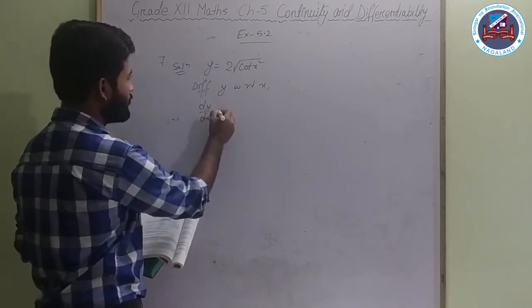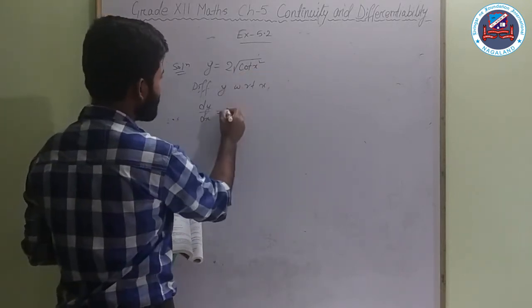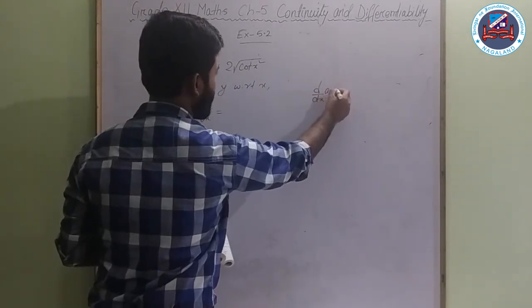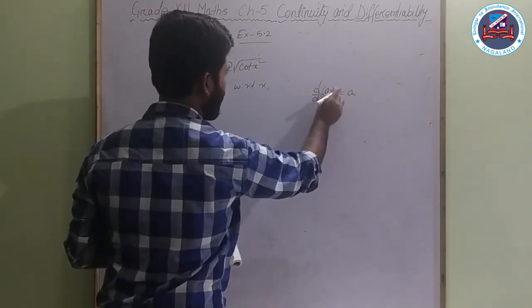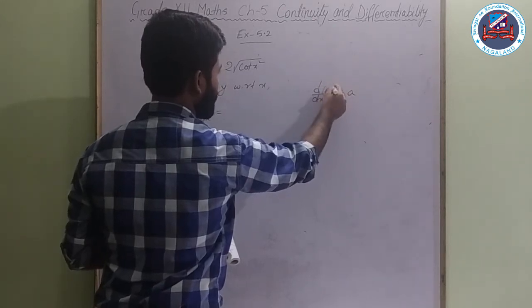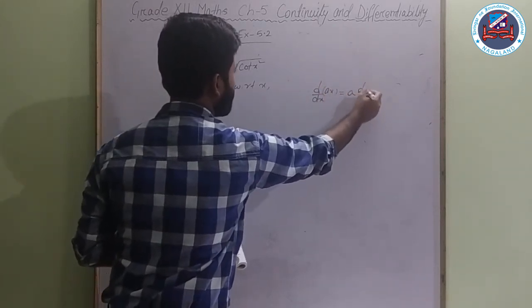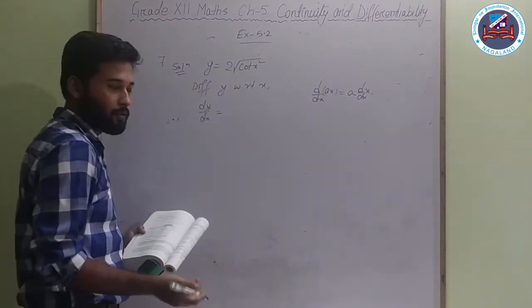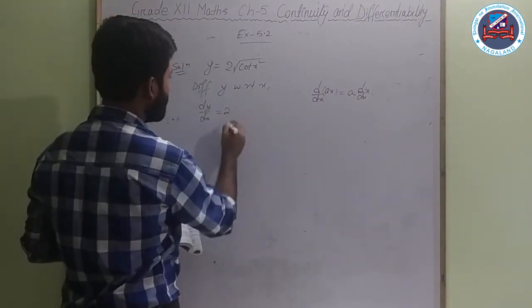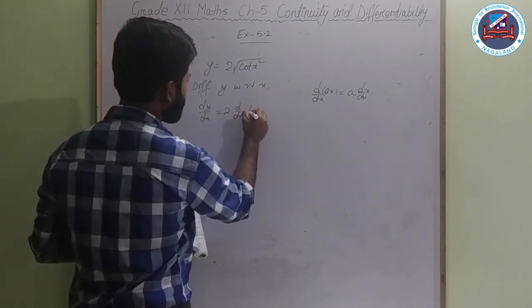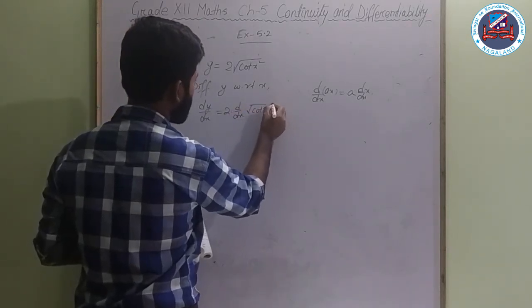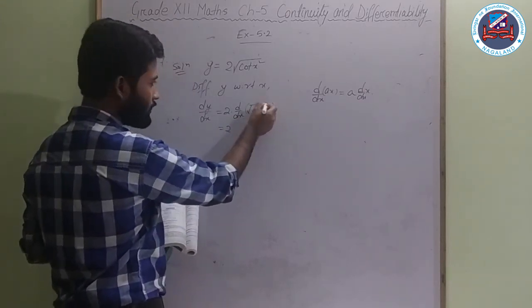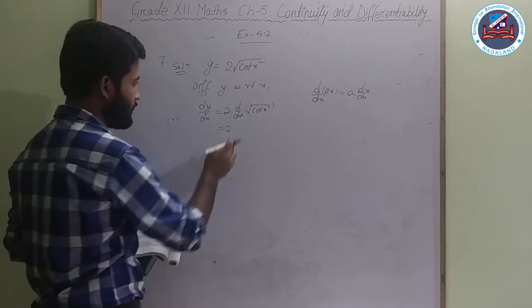d/dx is an operator. That will be equal to, see here, we have got a formula that d/dx of ax is equal to a, and that means I need to take the derivative of this. So here this 2 is a constant, so we can just bring it out. Then d/dx of root cot x square. So what is that? d/dx of root x. Consider the cot x square as x. So what is d/dx of root x?